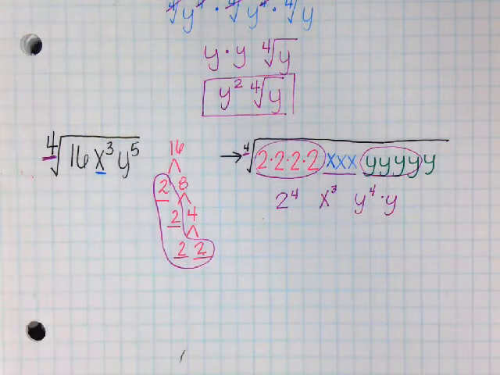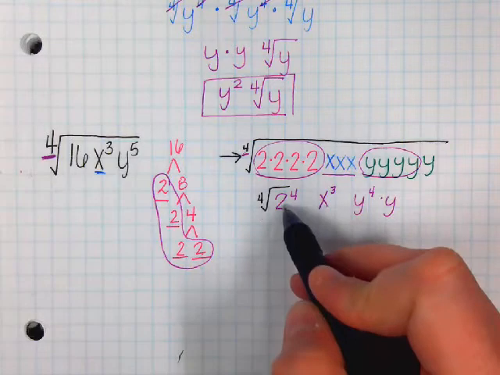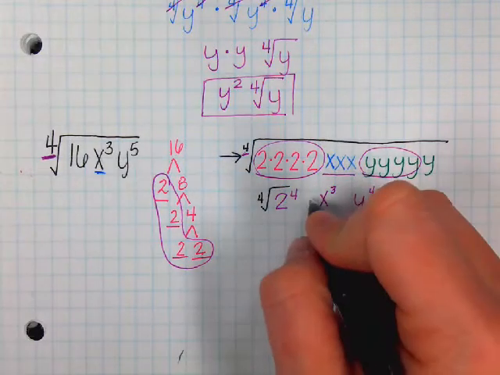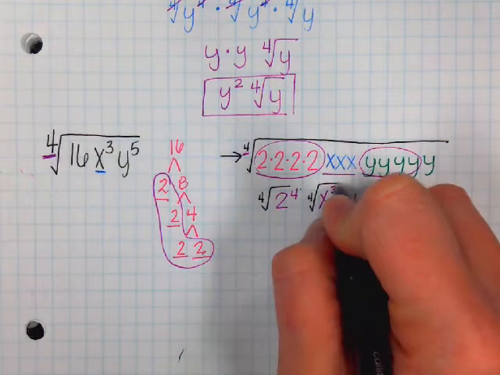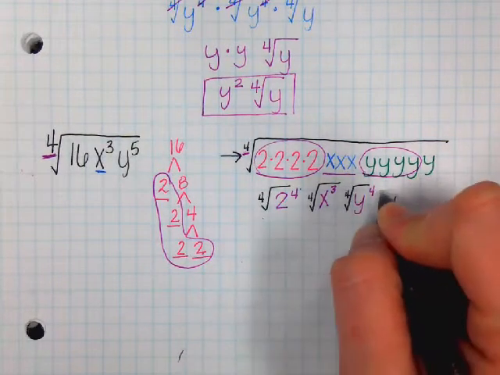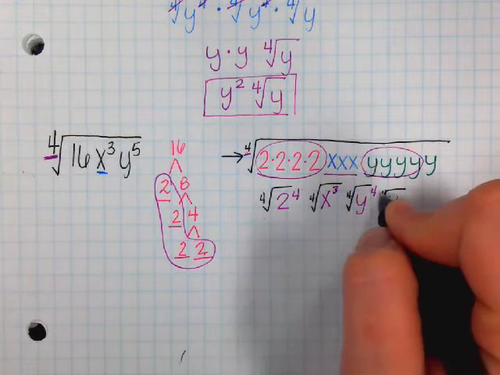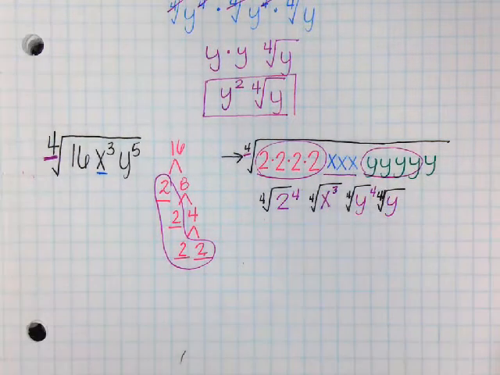So then again, you can take that fourth root and I can write it as the fourth root of 2 to the fourth. I can write it as a fourth root of x to the third, a fourth root of y to the fourth, and a fourth root of just y. Sorry, that's a 4 right there.